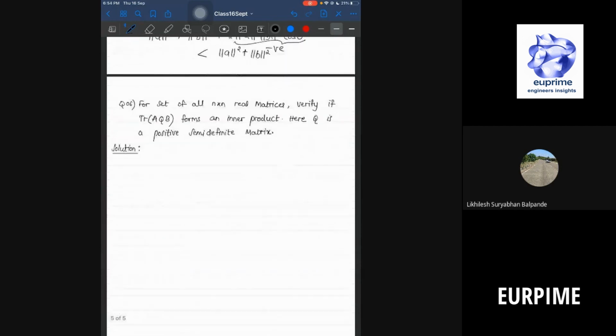Let us look at the last question. This is a question from the quiz where we have to verify whether trace of AQB forms an inner product or not, where Q is a positive semi-definite matrix. So in order to prove whether trace of AQB forms an inner product or not, we have to verify three properties.